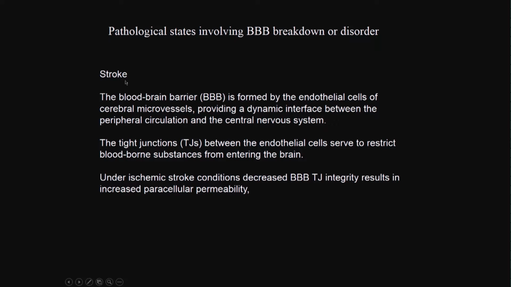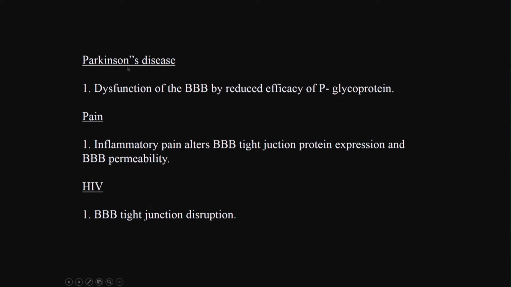Stroke is one. Parkinson disease, dysfunction of the BBB by reduced efficacy of P glycoprotein. That means the efflux pumps do not work very efficiently, so whatever material comes inside does not get thrown out. Pain. Inflammatory pain alters BBB tight junction protein expression. It affects the protein expressions, and it also affects the BBB permeability.